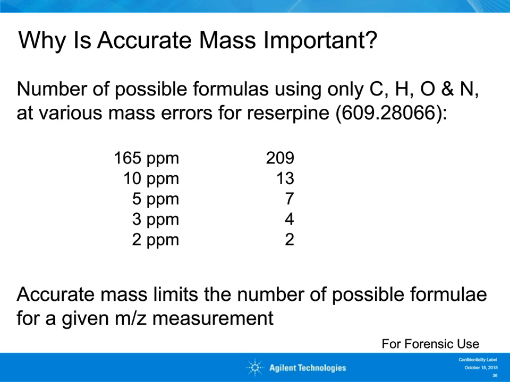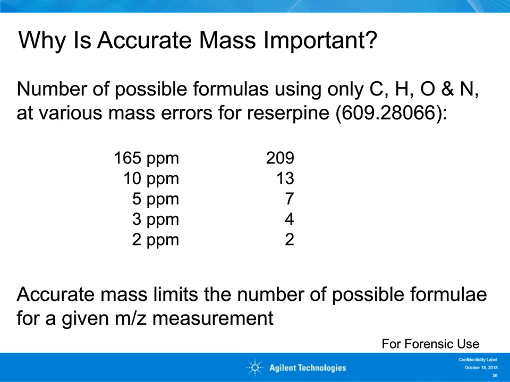Now, if you were to take this compound and run it on a unit mass resolution mass spectrometer, let's say a GCMS or an LCMS, and you measured a mass of 609, this would give you a mass error of about 165 parts per million. And if you were to look up mass 609 in a table or in a database, you would find that there are over 200 possible compounds that have a molecular formula containing carbon, hydrogen, oxygen, and nitrogen that could possibly be attributed to a mass of 609.